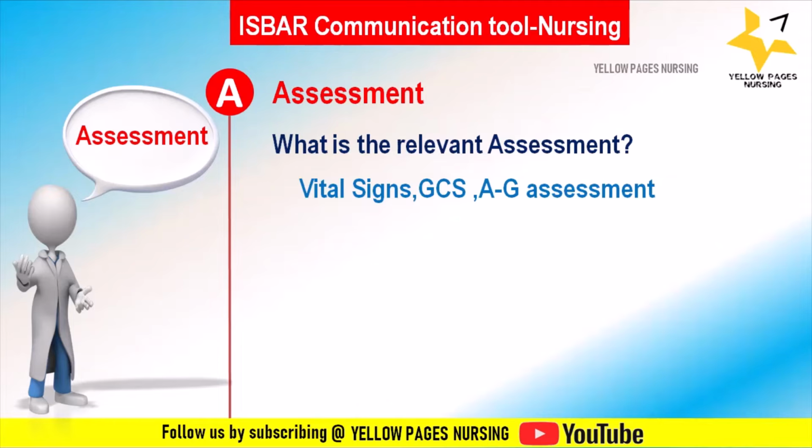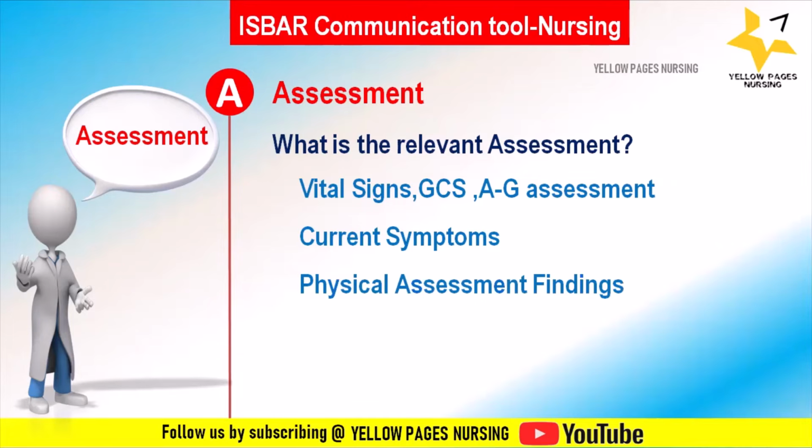GCS, that is Glasgow Coma Scale. A to G assessment. Current symptoms, describing any changes or new symptoms. Physical assessment findings, which includes a concise summary of the physical assessment. Laboratory or imaging results, highlighting relevant results.